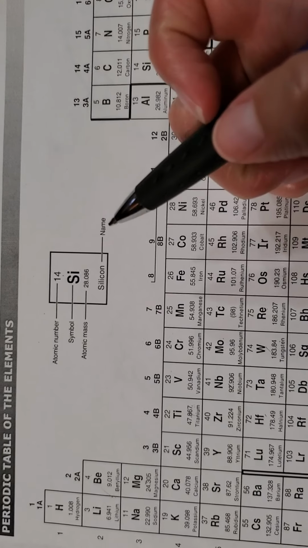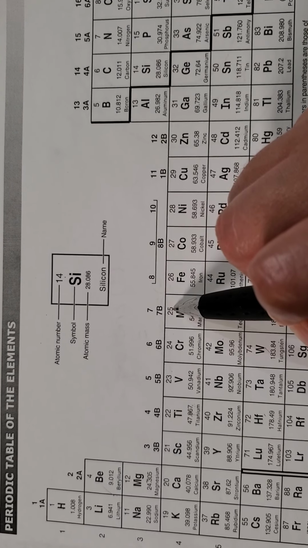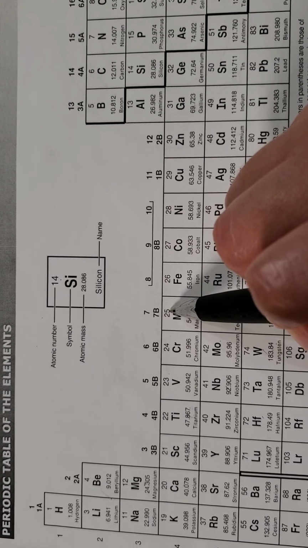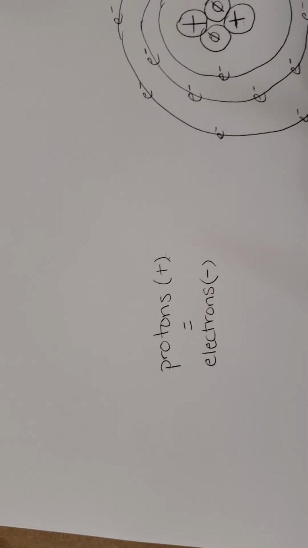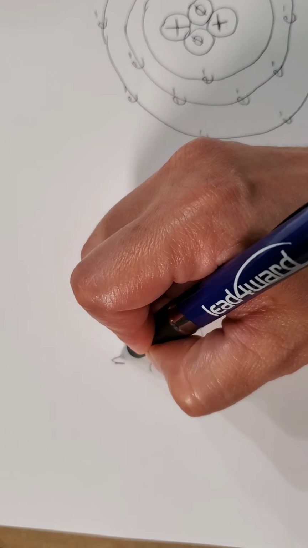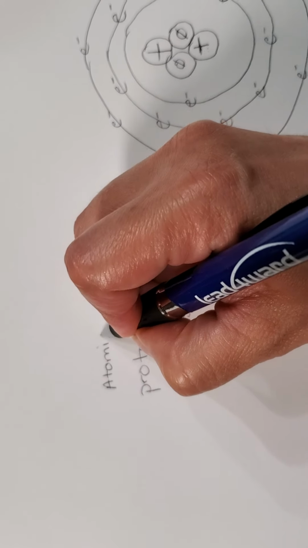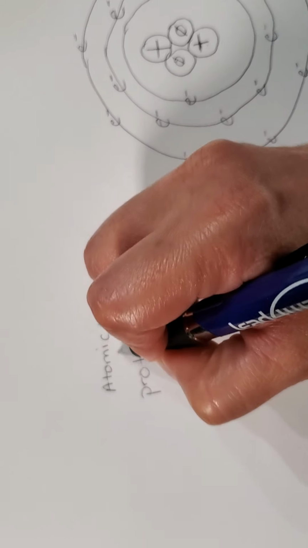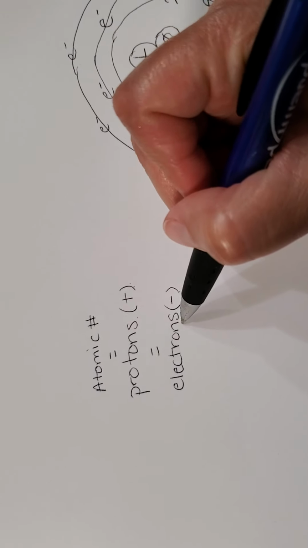Okay, so what does it have to do with the atomic number? It's a good question. So when we look at an atomic number, that means our atomic number is going to tell us how many protons and electrons there are. Because that's what it tells us. So when we look at this, our atomic number actually equals our protons, and that equals our electrons.